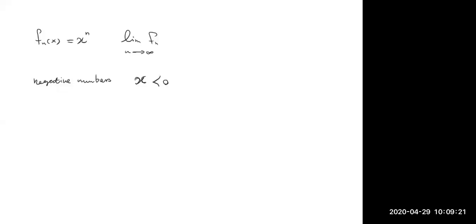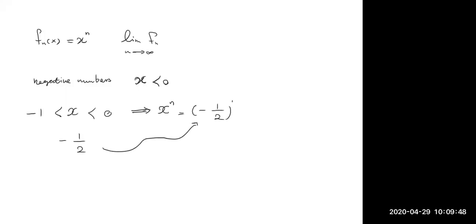So let's consider the case where x is between -1 and 0, something like -1/2. And we are considering x to the n. It's going to be negative, for example, if it's -1/2, it would be something like (-1/2) to the n.